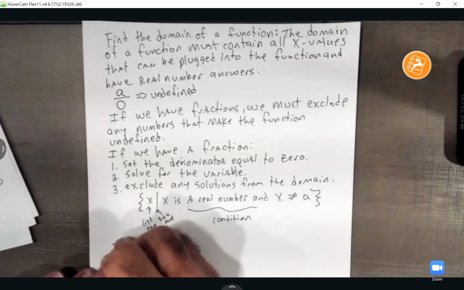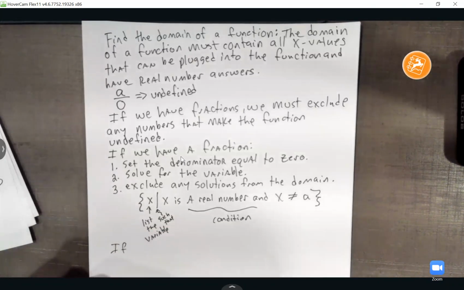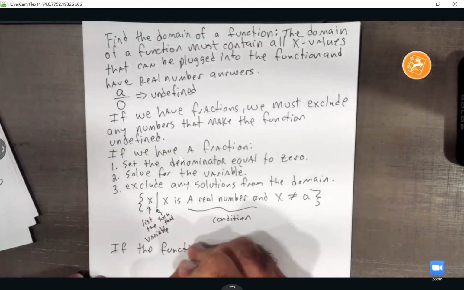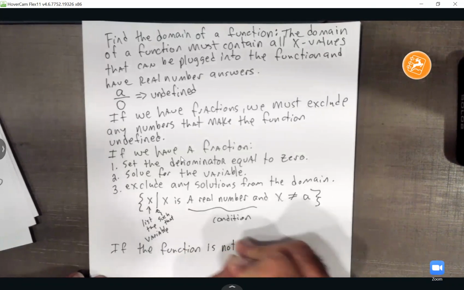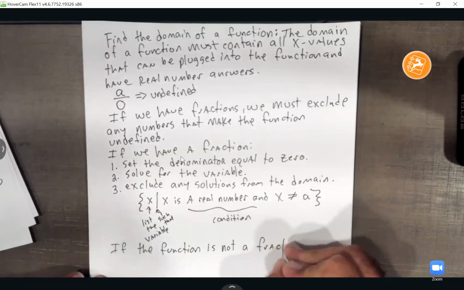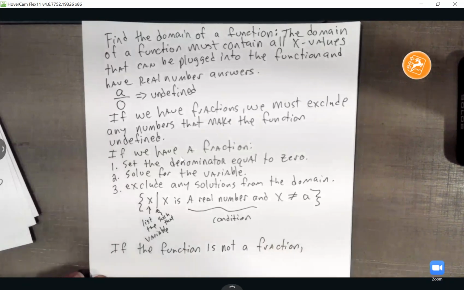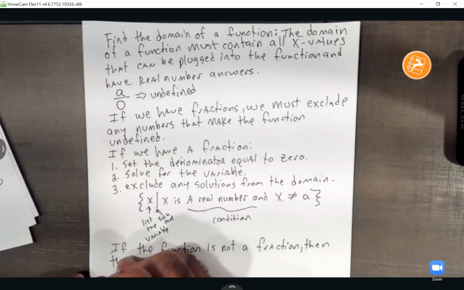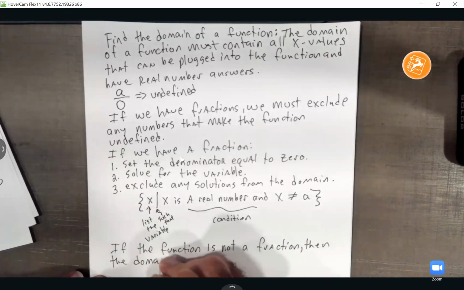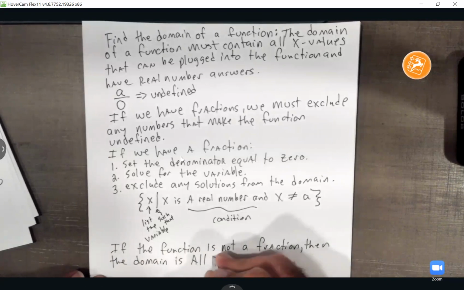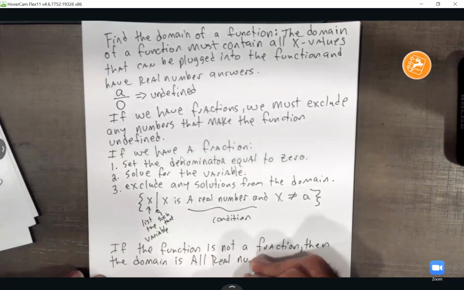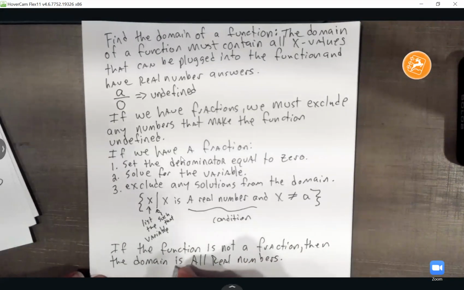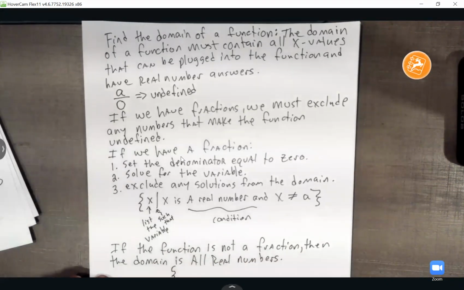Now, if the function is not a fraction, then the domain is all real numbers. That would be the little set builder parentheses.